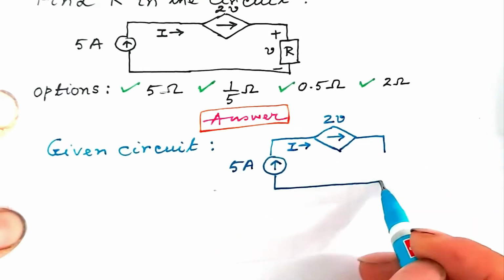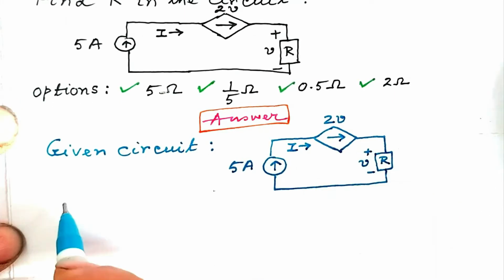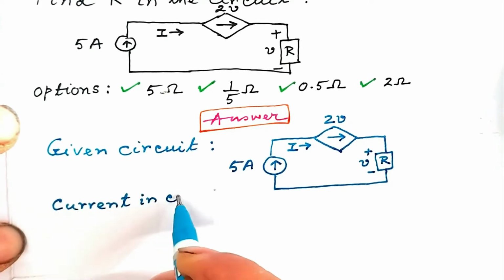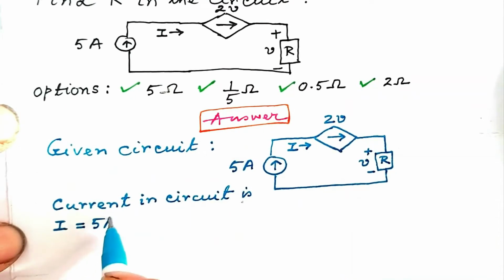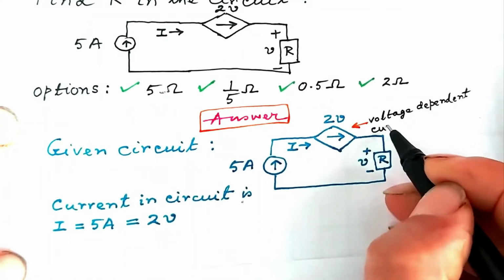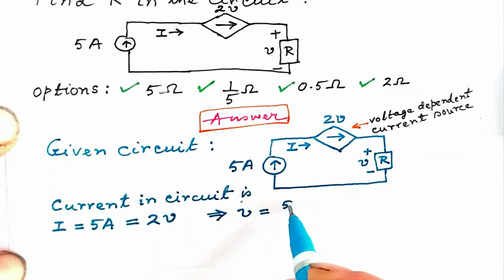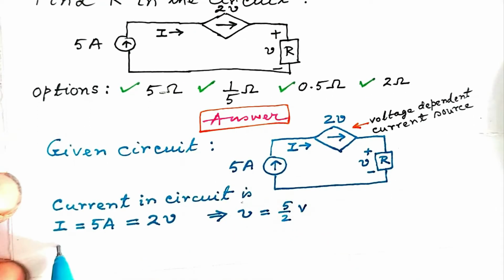And this is resistance R, the drop across which is V. Since in this one loop circuit, current across any point has to be same because of charge conservation, it is expected that current in the circuit is equal to 5 ampere is equal to 2V ampere. This is the voltage dependent current source we are referring to. In fact, the voltage dependent current source sends current of amount 2V ampere. So V equal to 5 by 2, the unit of V being volt.